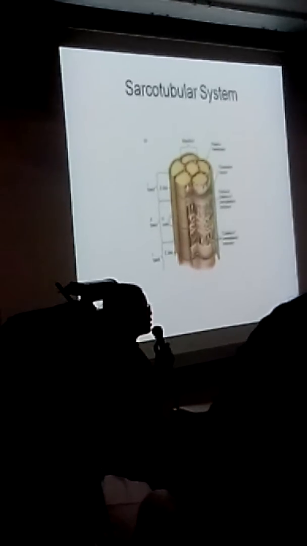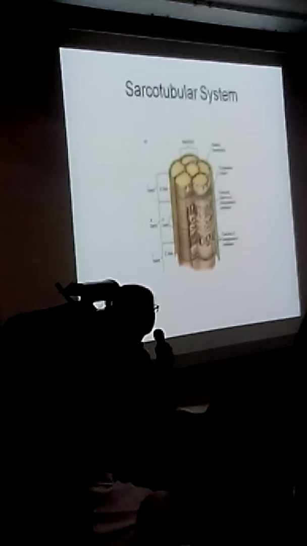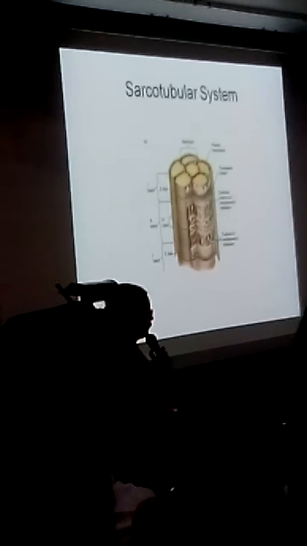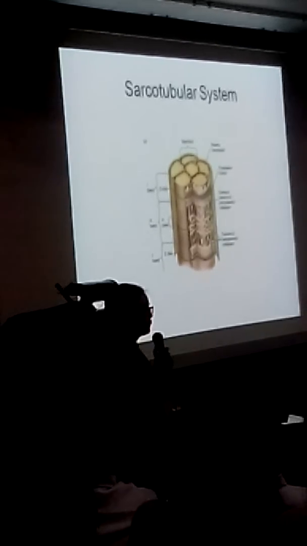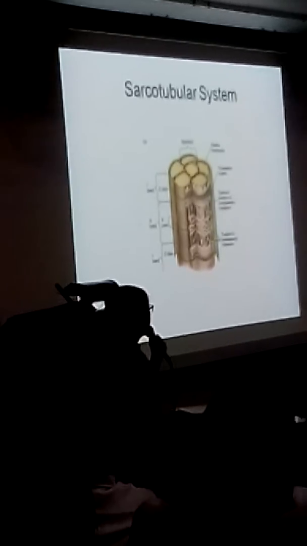Once the neurotransmitter is in the synaptic space, it will cause the opening of acetylcholine-gated channels, which are located where? In the nerve or in the muscle? It's on the muscle side.